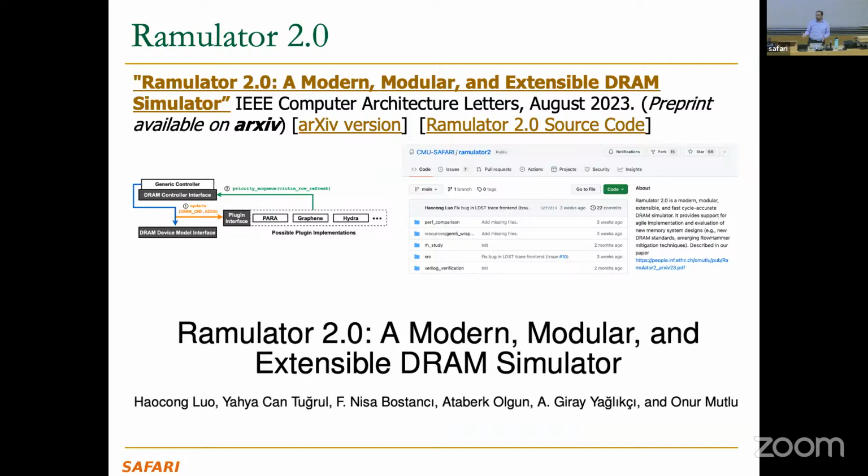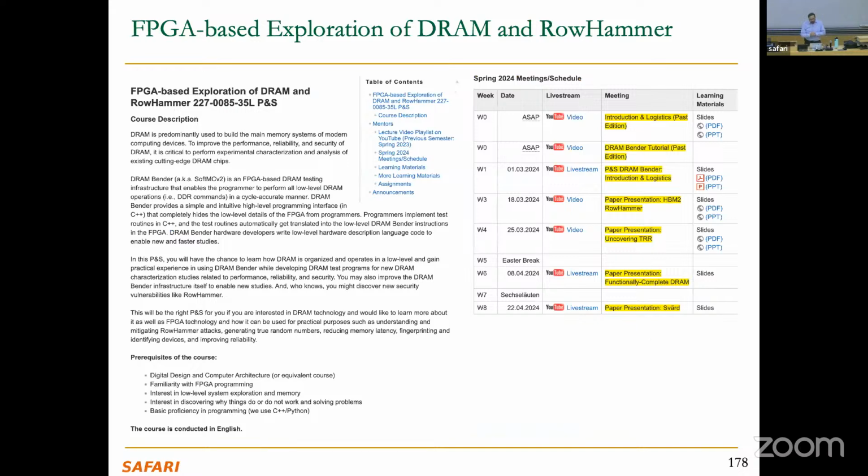We have the necessary tools to conduct this research. This is a DRAM timing simulator that you can use. It's an open source one to try out your ideas. We have an FPGA-based exploration of DRAM and RowHammer in our course. But you don't have to enroll in this course, of course, to work with us. You can just come and work with us.